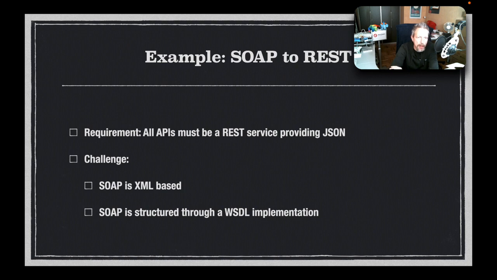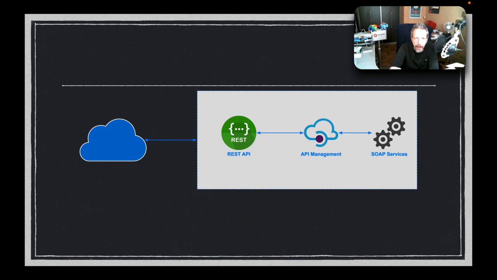So SOAP is XML based, and SOAP is structured through a WSDL implementation. So we do have a bit of a challenge. From a high level perspective, the public internet will interact with a REST API providing JSON, and the backend service is just a SOAP service, and API management is in between.